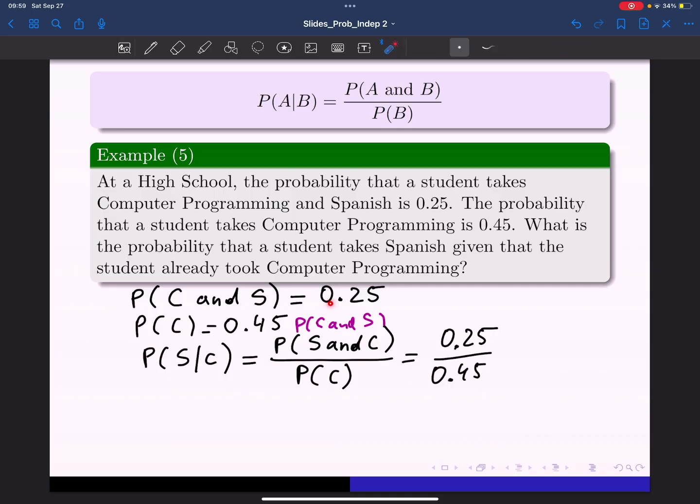When we divide those, we get 25 out of 45. We can divide this by 5, so this is equal to 5 out of 9. And that's my probability, 5 out of 9.